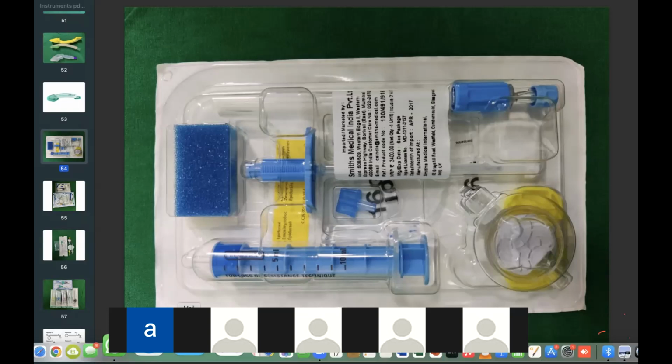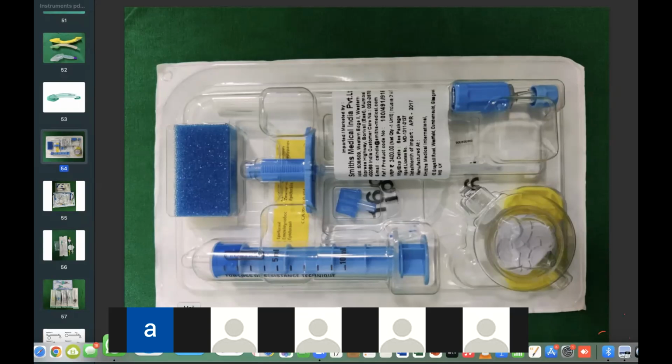Ma'am, this is a set of combined spinal epidural. It has a Tuohy needle. It is available in various sizes, as 16 gauge or 18 gauge. And ma'am, along with it, there is a spinal needle. So through the needle-in-needle technique, we can give the spinal subarachnoid block through it.